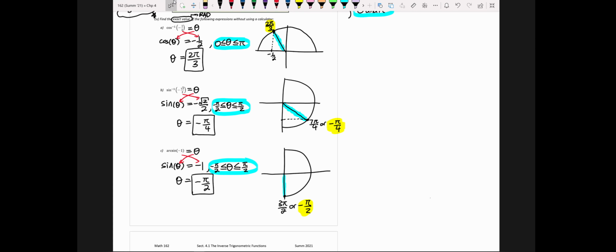These problems are now a little more challenging. Find the exact value means we need to get radians. Let's do these three together. So we set our inverse trig function equal to theta.